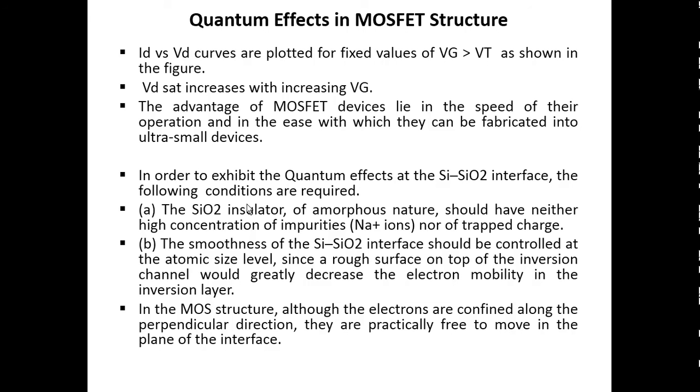The second condition is that the smoothness of the interface should be controlled at atomic size level. Such a very fine leveling must be there, because a rough surface on top of the inversion channel will greatly reduce the mobility of the electrons.